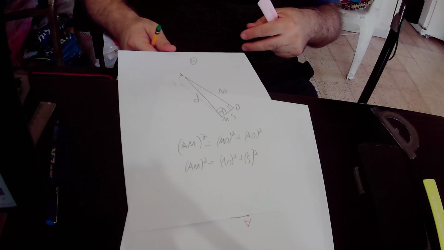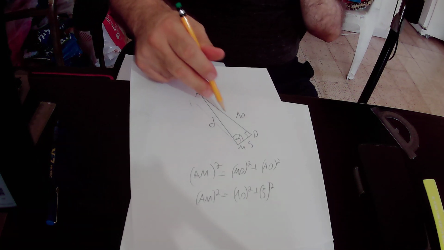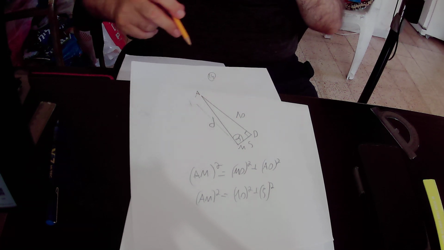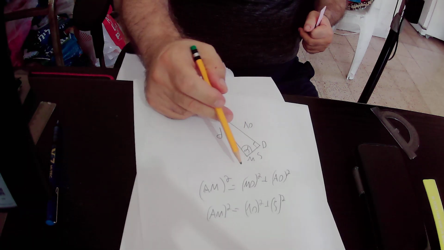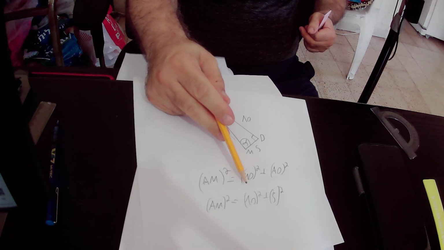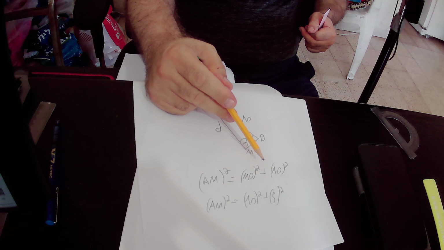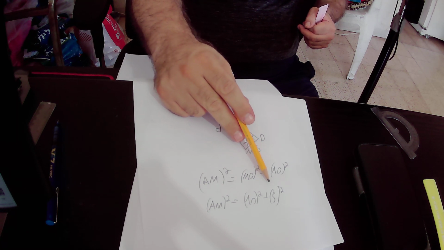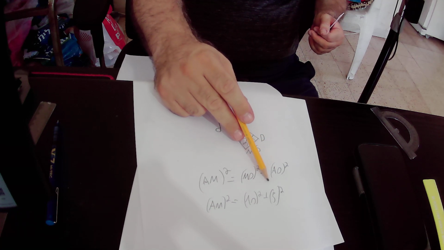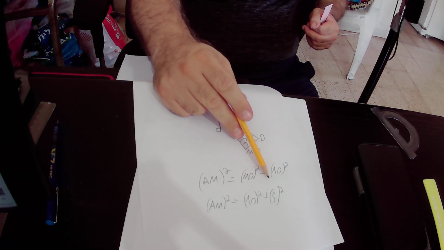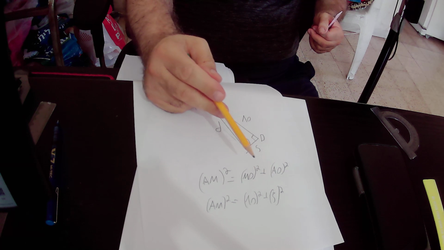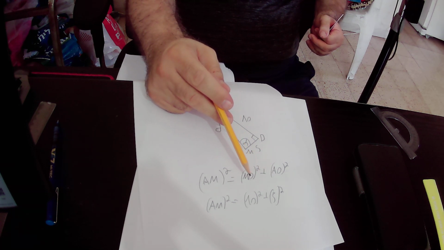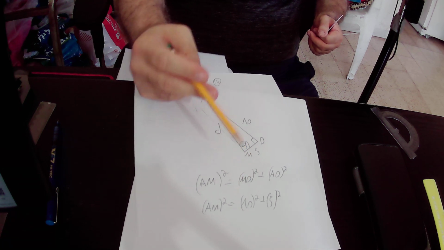AM squared, the square of the diameter, which is also the hypotenuse of this right triangle, equals 10 squared plus 5 squared, which is 125.